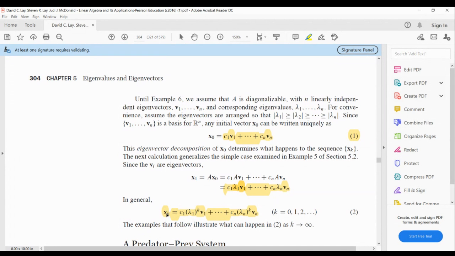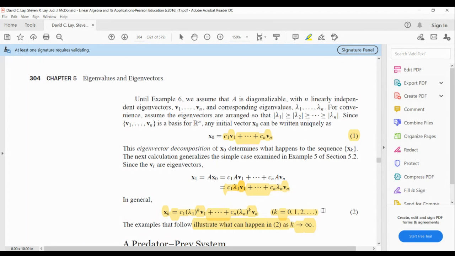But x sub k can be written as this linear combination of eigenvectors for k equals 0, 1, 2, and so forth. I mean, it's a very beautiful result. And of course we are interested in what's going to happen as k goes to infinity.